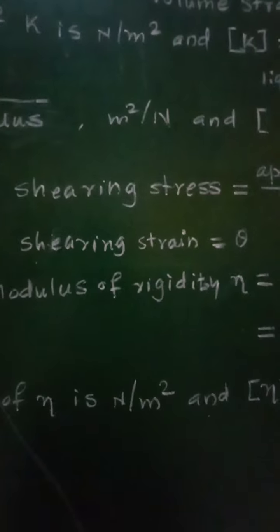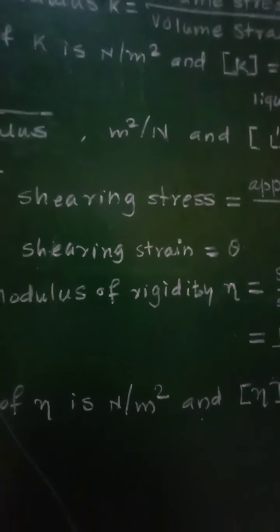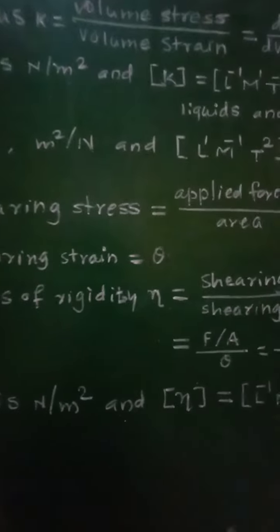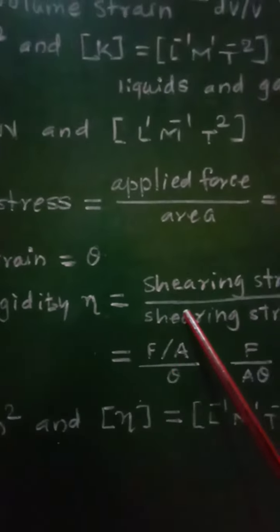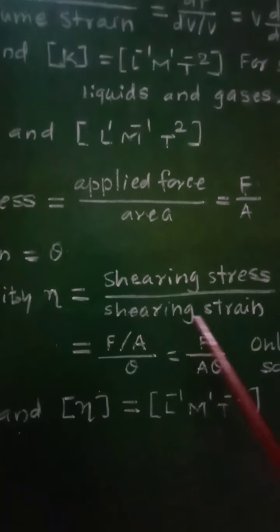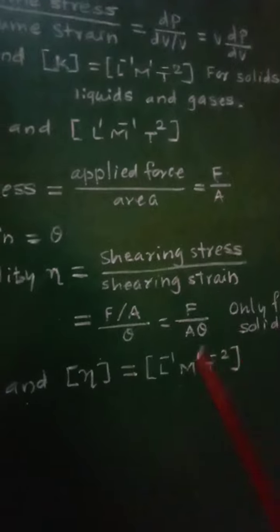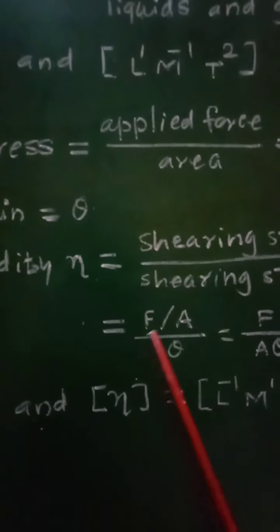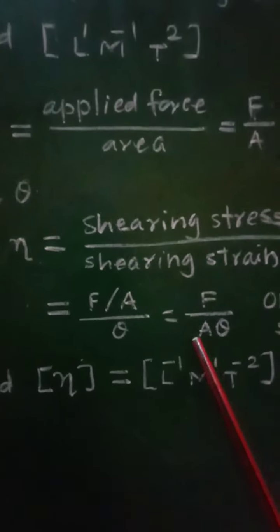Modulus of rigidity eta equals shearing stress upon shearing strain, and therefore we can write eta is equal to F upon A upon theta, that is equal to F upon A theta.